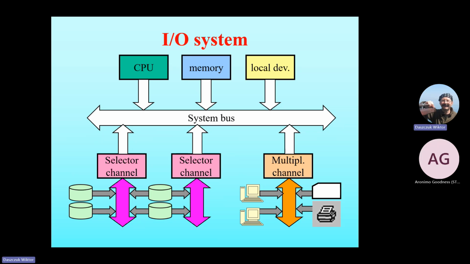This picture shows the I/O arrangement in very old computers. I copied this picture from the IBM 370 that was produced in the 70s of the last century, so it was about 50 years ago.